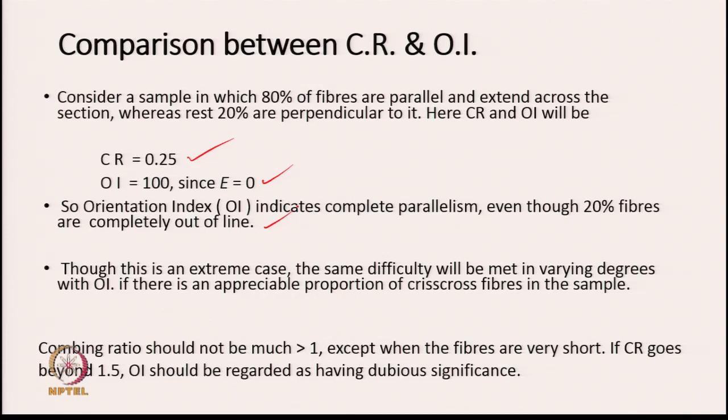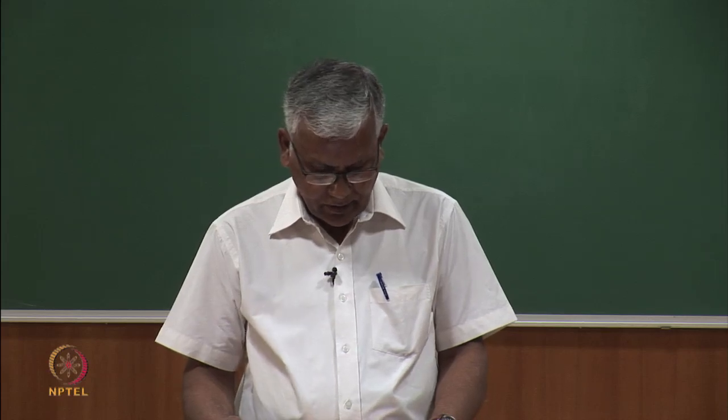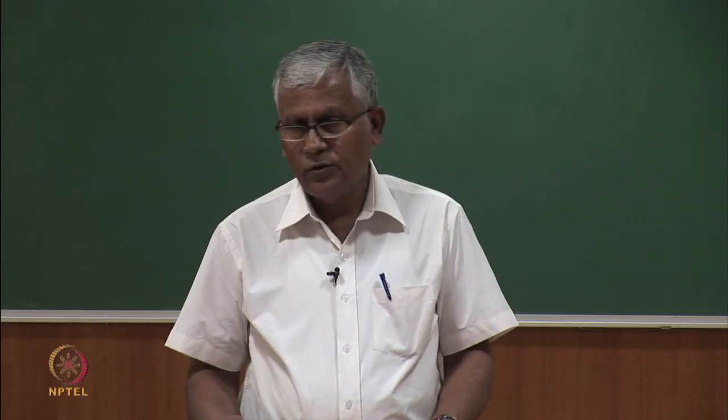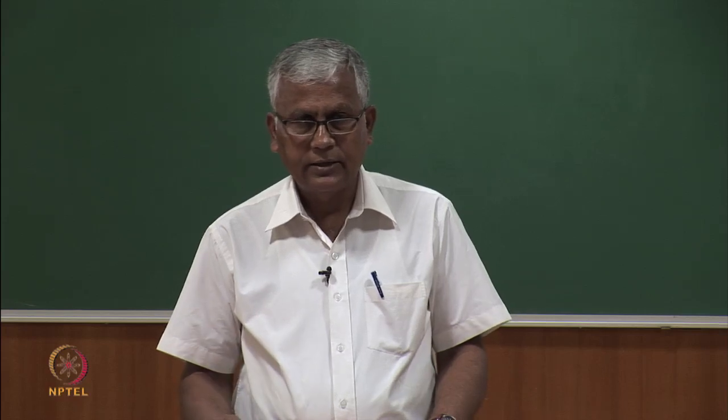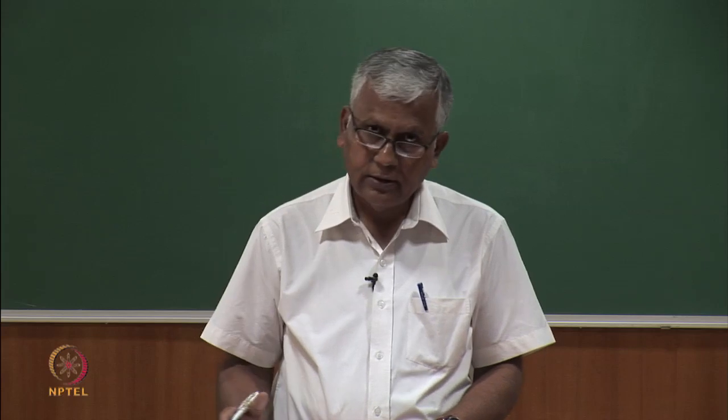That is one of the difficulties with the orientation index. Though this is an extreme case, the same difficulty will be met in varying degrees with orientation index if there is an appreciable proportion of crisscross fibers in the sample. So, that is the difficulty that we face with orientation index, and therefore, other indices have been proposed by others, but they are beyond the scope of this course.